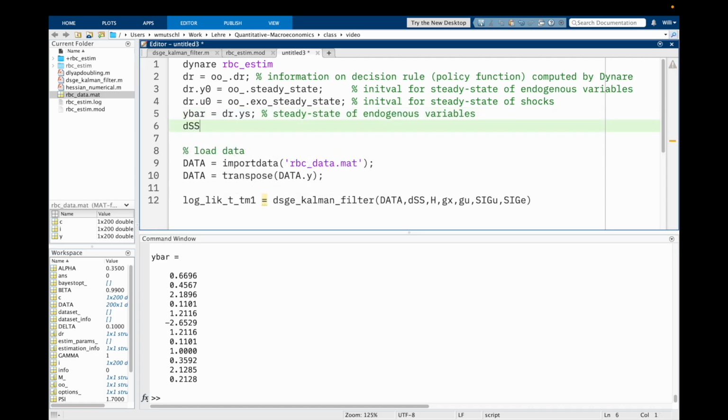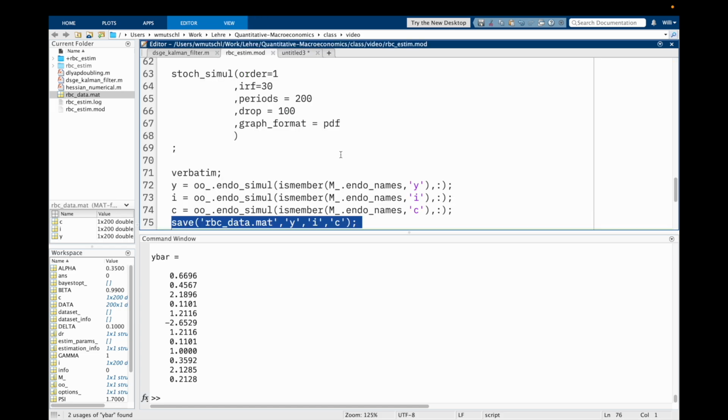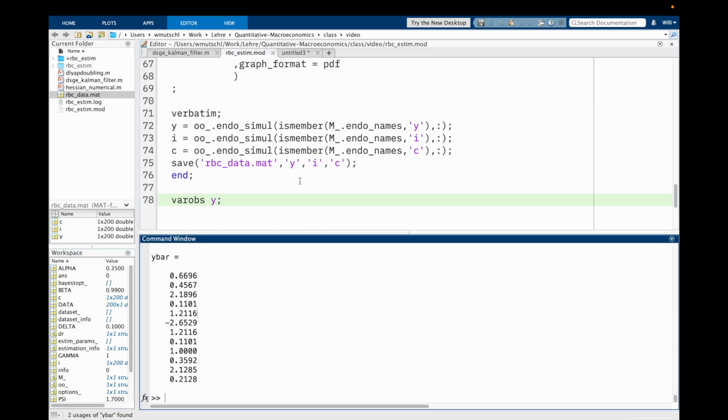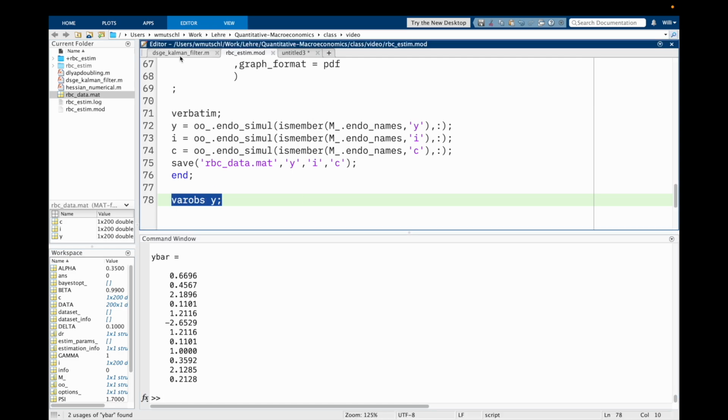Now I need DSS, or let me call that a D bar. Why not? That is basically y bar, but now I need to select observables. And actually, let me do this in the mod file, because we will compare what we did with our Kalman filtering routine to what Dynare can do. So Dynare has another block where you tell Dynare what variables are observable. And this is similar to the var command. You simply tell the name of the variable.